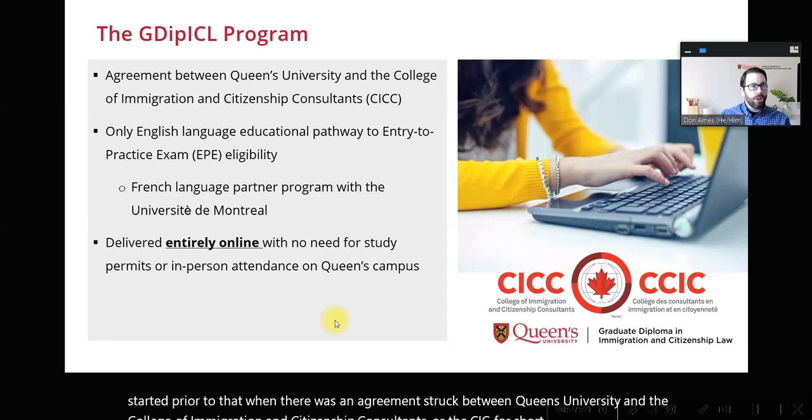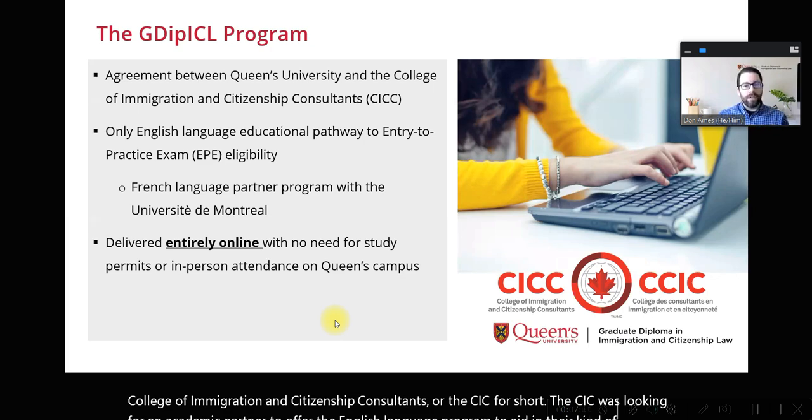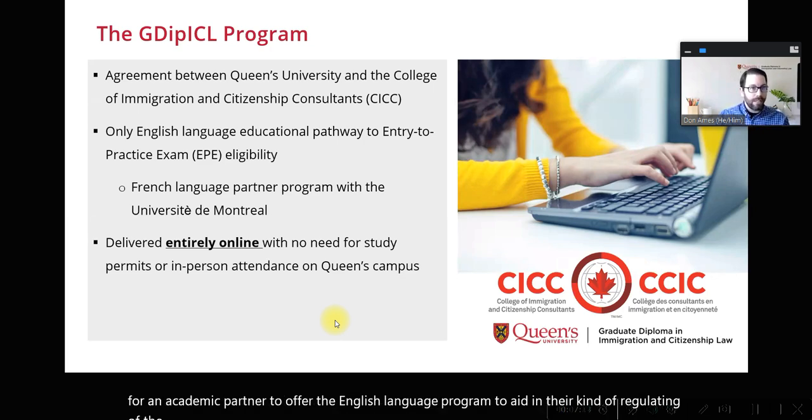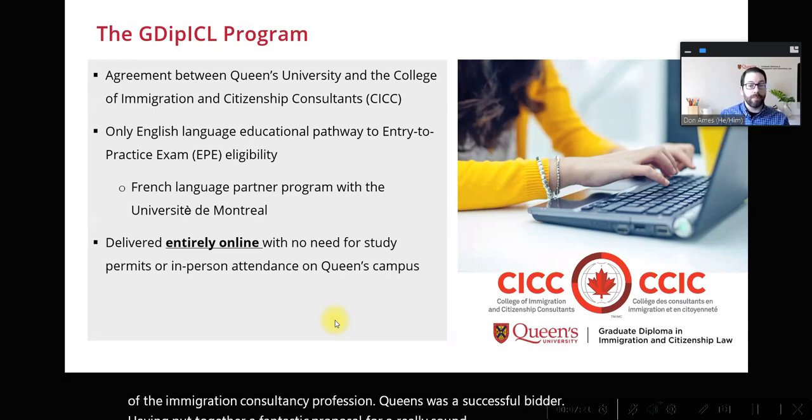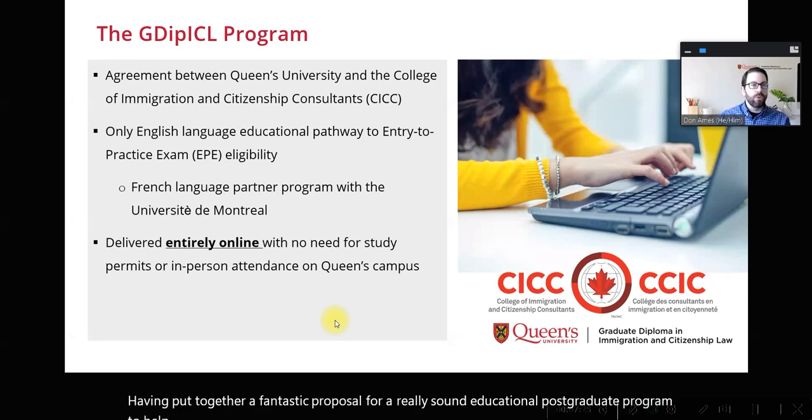The CICC was looking for an academic partner to offer the English language program to aid in their regulating of the immigration consultancy profession. Queen's was a successful bidder, having put together a fantastic proposal for a really sound educational postgraduate program to help support individuals who are looking to become immigration consultants and write the entry to practice exam with the CICC.